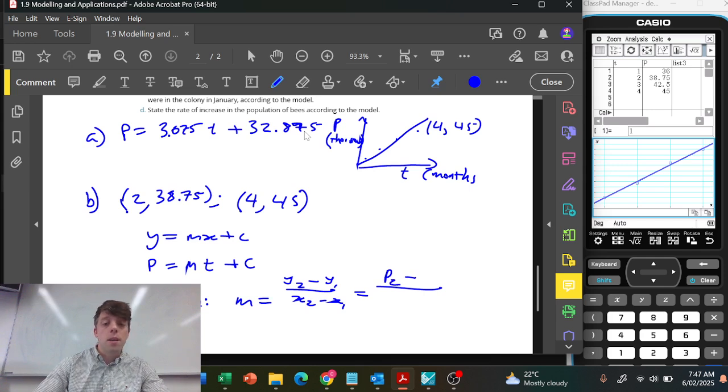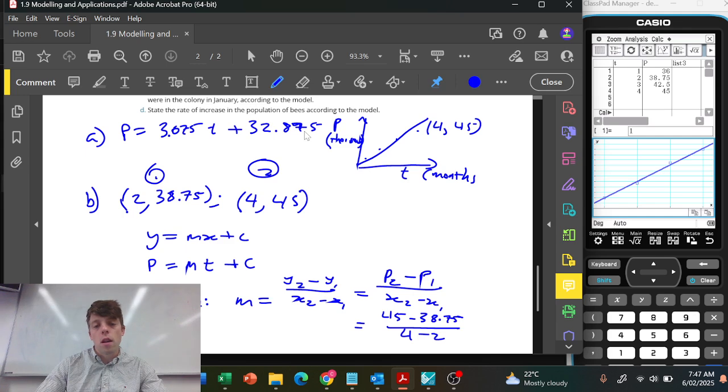So that's going to be p2 minus p1 over t2 minus t1. All right, now we can just substitute in the values that we know. So let's just call this data point 1, this data point 2. So this will be equal to p2, which is 45 minus 38.75 divided by 4 minus 2.